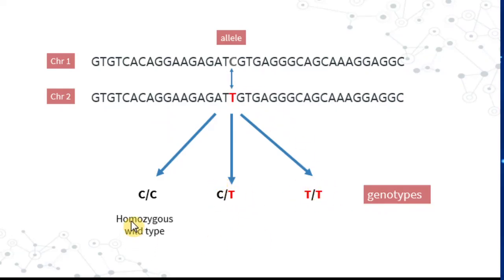If they have CC, which is the wild type allele, we call them homozygous wild type. Whereas if they have CT, they are called heterozygous, and if they have TT, we call them homozygous variant. So genotype here is the CC, CT, or TT.